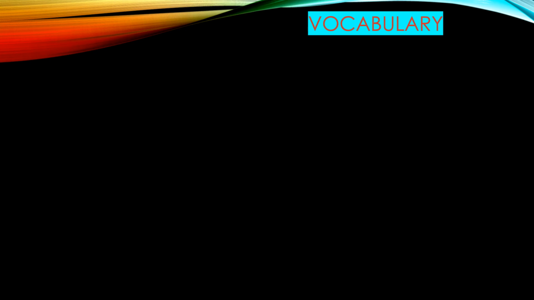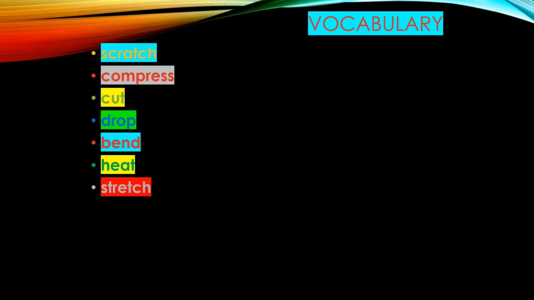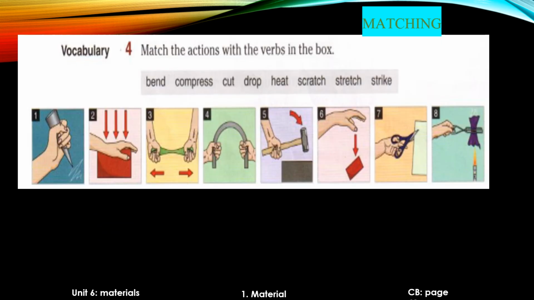Okay, now let's move to studying some vocabulary. The words we have today are scratch, compress, cut, drop, bend, heat, stretch, strike. Now, let's go to exercise 4 in the course book.